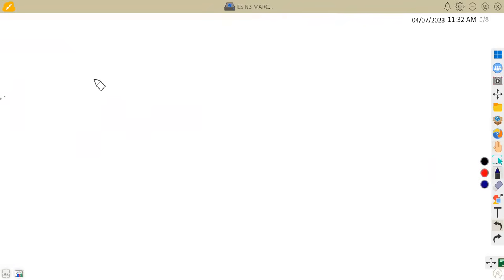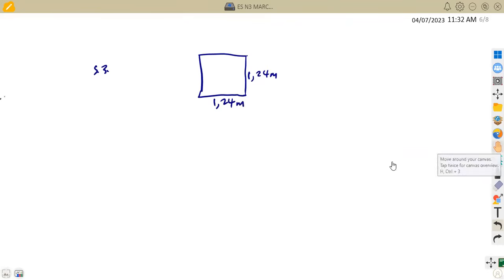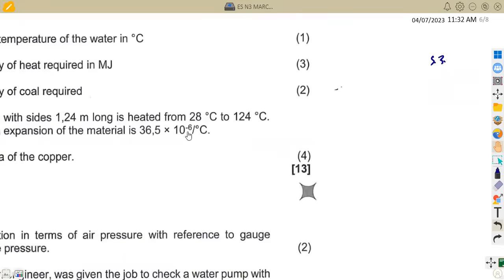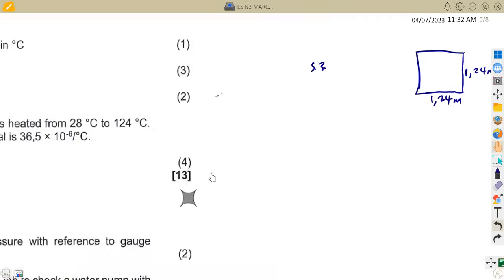So if you check in this case, we have got a square, and we know that if you are dealing with a square, all the sides are the same. So this square is of side 1,24 meters. We are given that it was heated from 28 to 124.